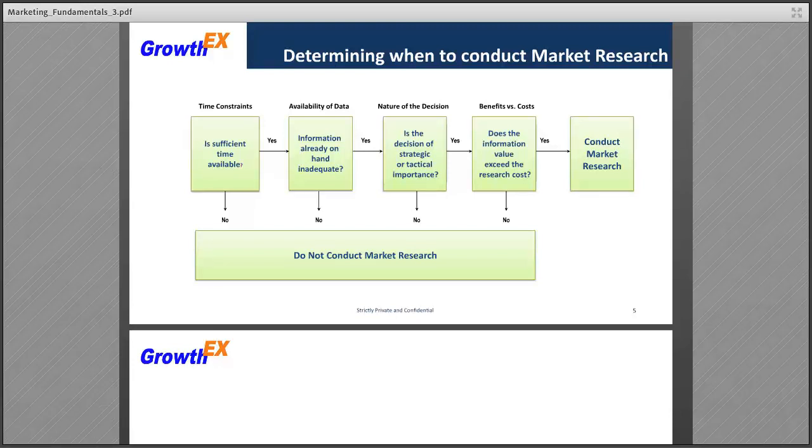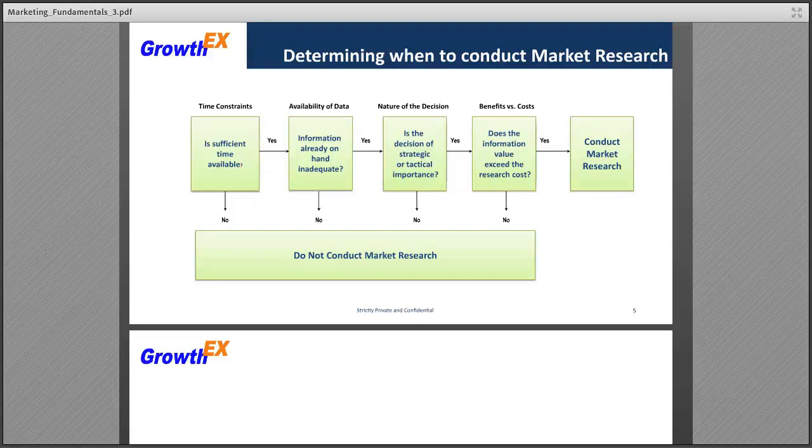So I need to have a proper standard operating procedure in place to determine whether I should be conducting market research in a given scenario or not.